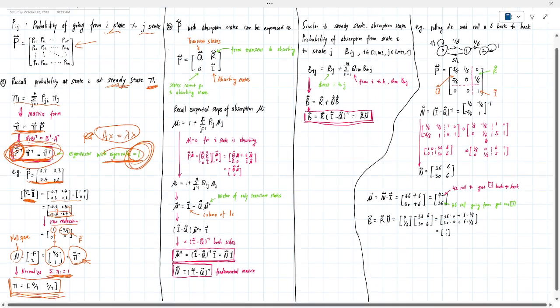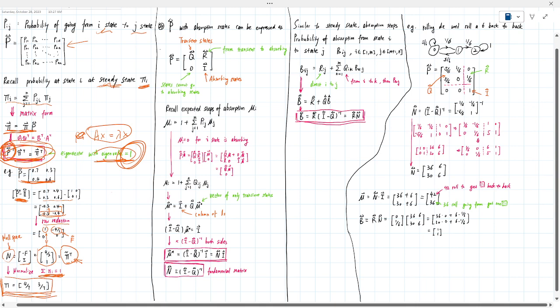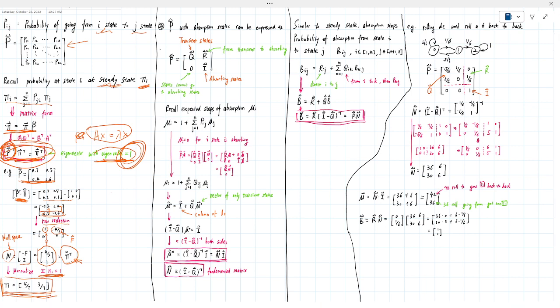For a Markov chain that has an absorbing state, we can represent the matrix as 4 blocks essentially. One block is the transient states, so if you have an absorbing state, the transient states are like here among themselves, and this one is the absorbing state, for instance.